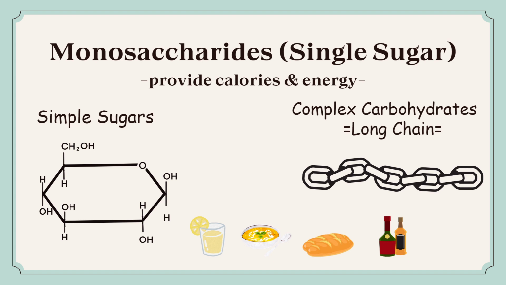We need carbohydrates for calories or energy, and simple sugars, in particular, have a variety of uses in our diets. They can be used to sweeten lemonade, counterbalance the acidity of miso soup, feed yeast for rising dough and alcohol, and preserve jams and jellies.